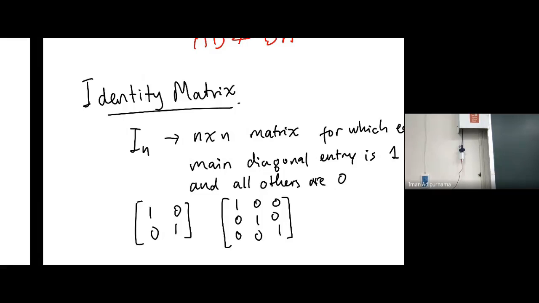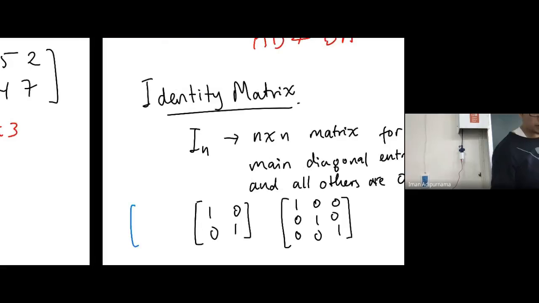So maybe you have, for example, 1, 2, 3, 4. If you multiply this by the identity, 1, 0, 0, 1: 1 times 1 plus 2 times 0, it becomes 1. 1 times 0 plus 2 times 1, it becomes 2. It becomes the same thing as the original matrix.